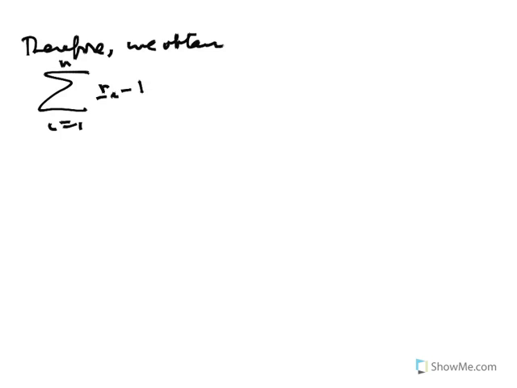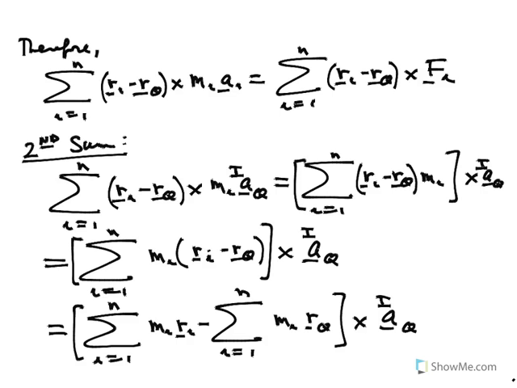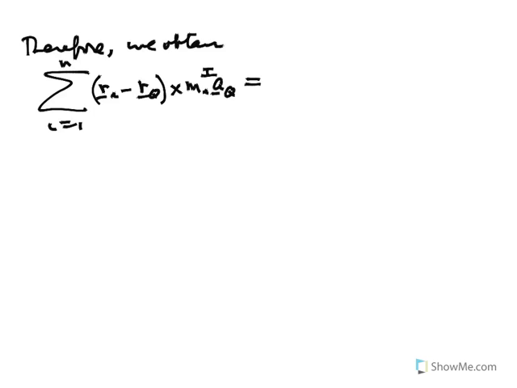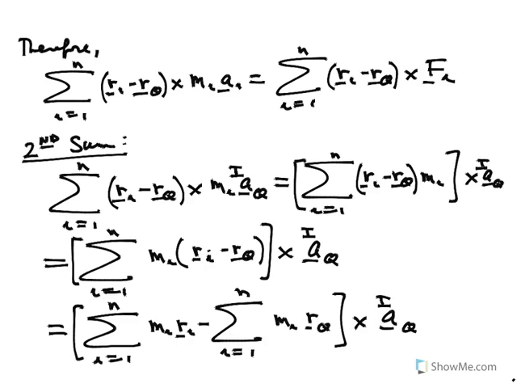So therefore, we obtain that the summation from i equals 1 to n of (Ri minus Rq) crossed with Mi A_Q/I is equal to, well, the summation of Mi Ri, from the definition of the position of the center of mass, is equal to M R bar. And in the second sum, we see that the position of Q doesn't depend on the summation.